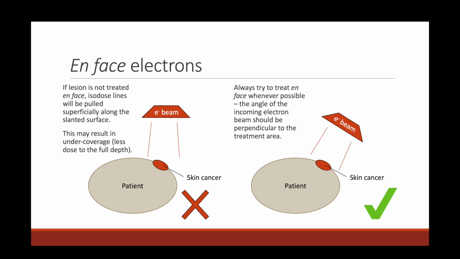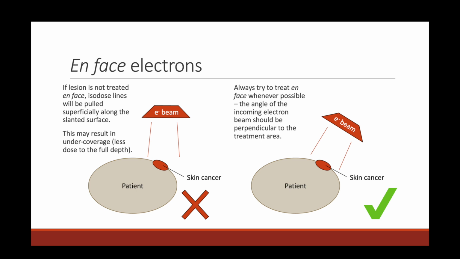It's not always going to be easy, because sometimes we are treating along a curved surface, such as the scalp, or something along the abdomen, or an arm that's thin and might be curved. So it's very difficult, but we do have to work with our therapists and our physics team to try and find a position.